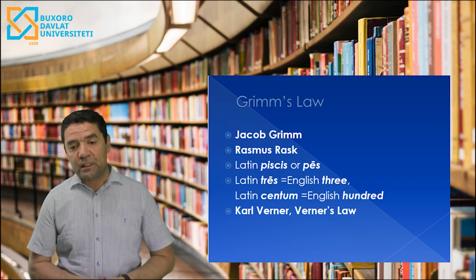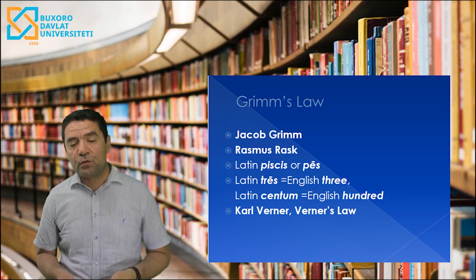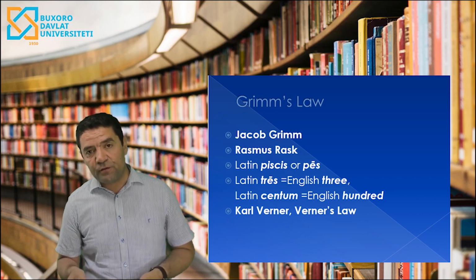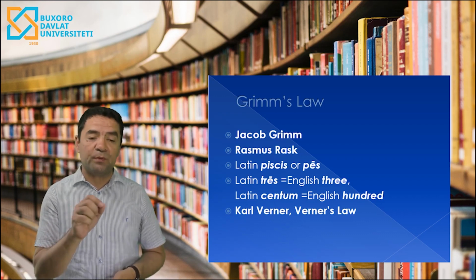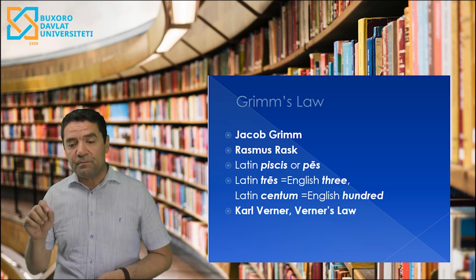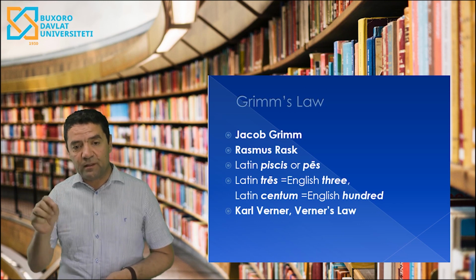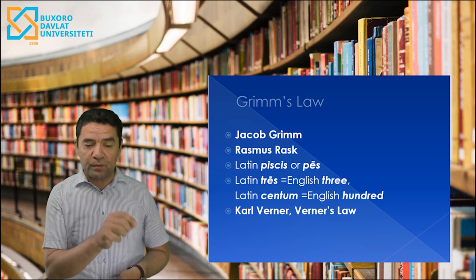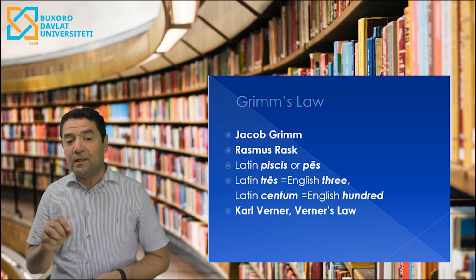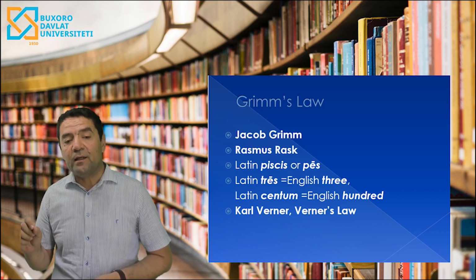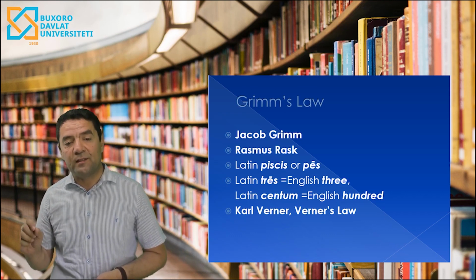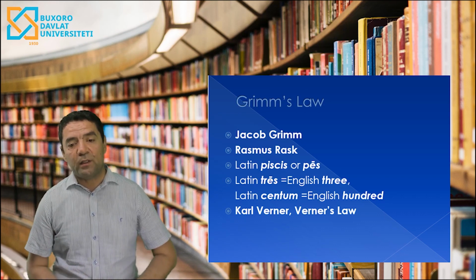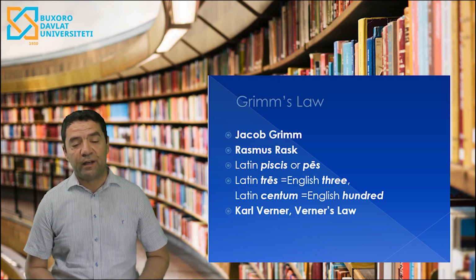Karl Werner explains that this is because of the shifting of the stress from the second syllable into the preceding one. When the stress shifted into the preceding one, the te is not shifted into the. It is shifted into a voiced plosive, that is de. And this regulation is named Werner's law.